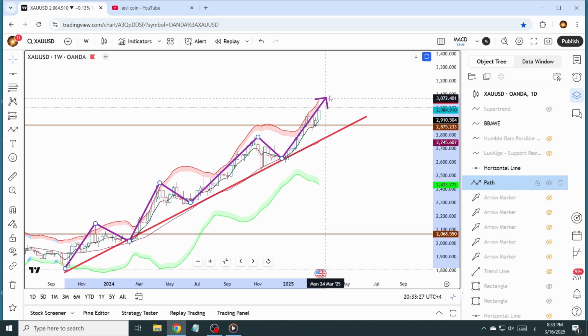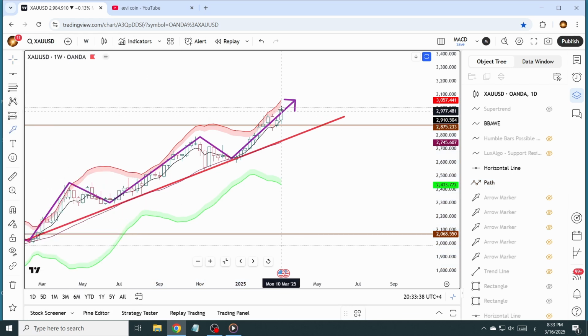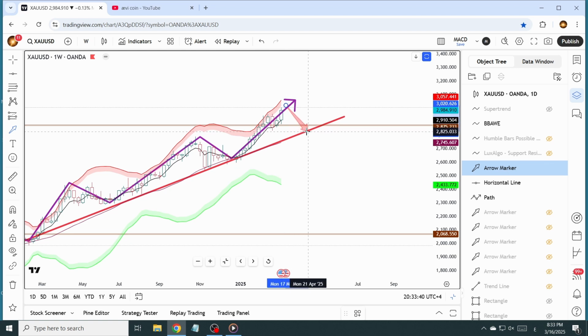So we might see these levels here in the coming weeks, and then we will see the gold will try to take this pullback and take this support at the trend line.